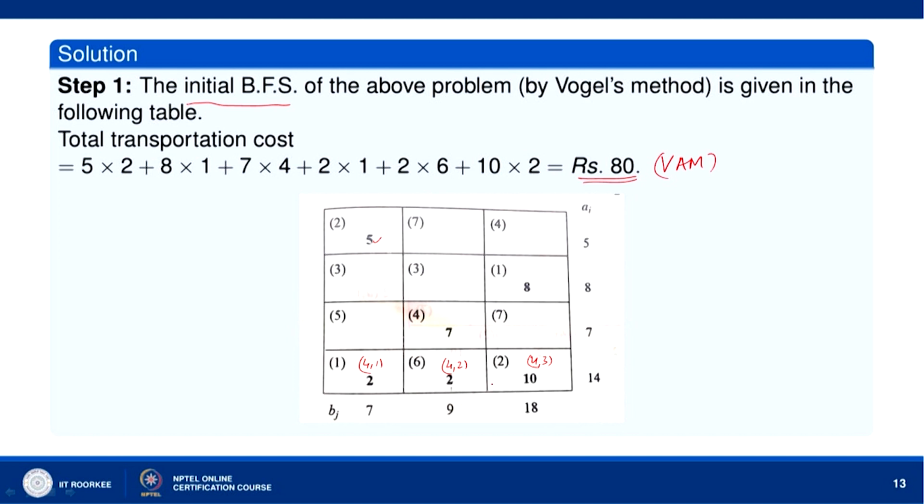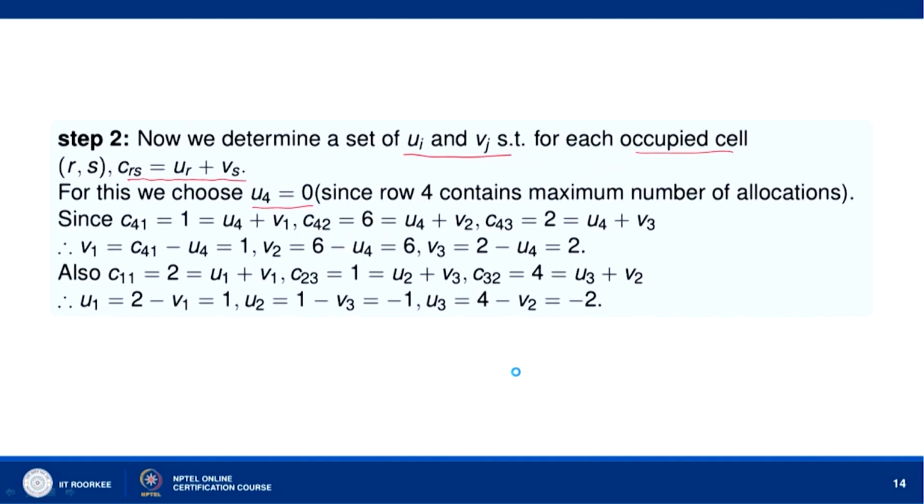The row that has got the maximum allocation, that we have to consider. In fact, if the ith row has got the maximum allocation, we shall consider u i equal to 0. Here fourth row has the maximum allocation, so we take u 4 equal to 0.